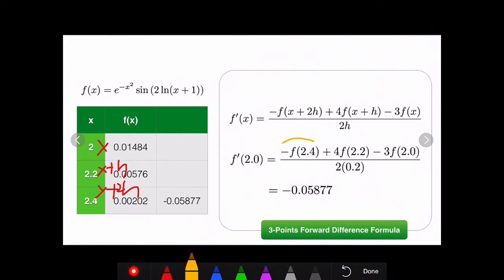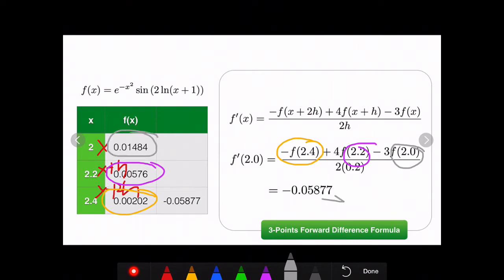This one is replaced by this value, this one is replaced by this one, and the last one, f2, is replaced by this one. You simplify and you will get the answer like this. This is the answer for the numerical approximation using the 3-point forward difference formula.